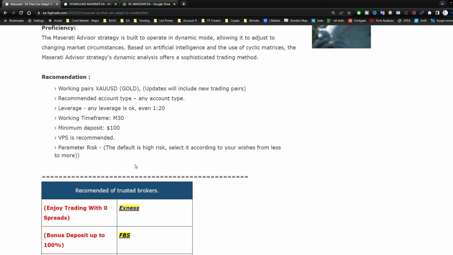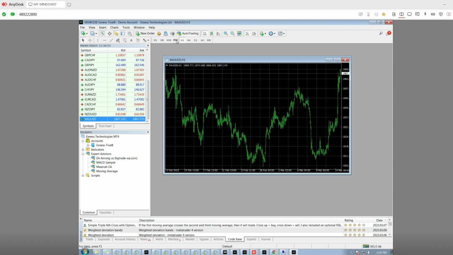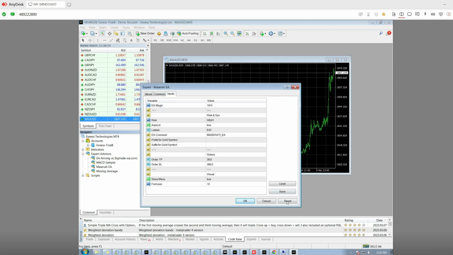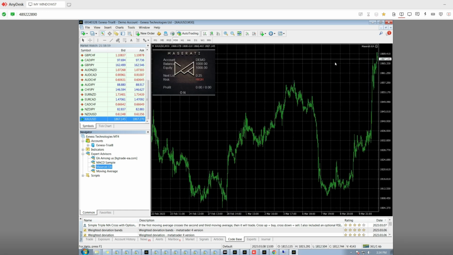I will run the Expert Advisor on the XAU/USD pair with the M30 time frame. The preset that I use is the default preset. Okay, now the Maserati Forex Expert Advisor has been successfully implemented.